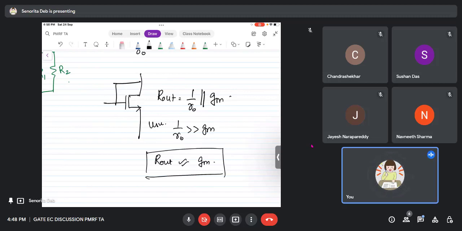Is this fine? R naught is always in the order of some kilo ohms. So normally this is what you should consider, the first one. Okay, after approximation the last one comes. R out is 1 by GM.